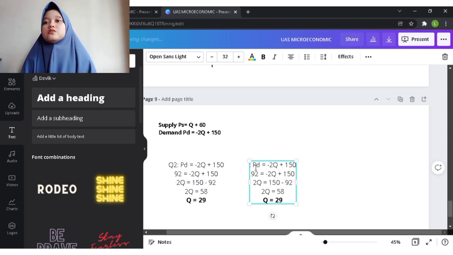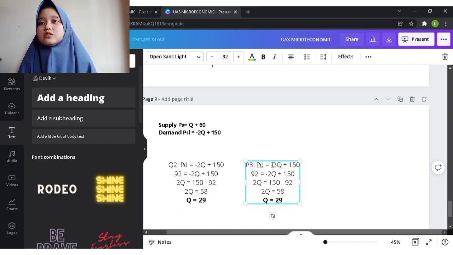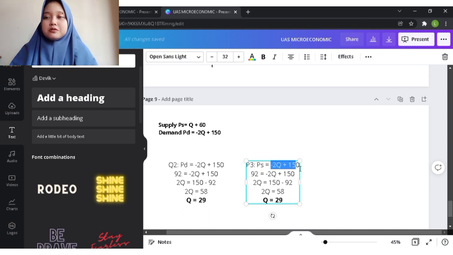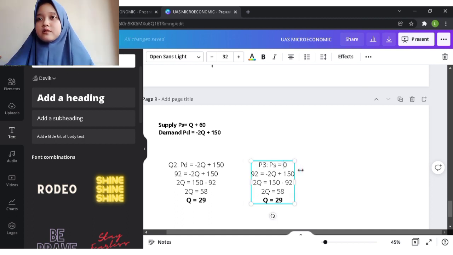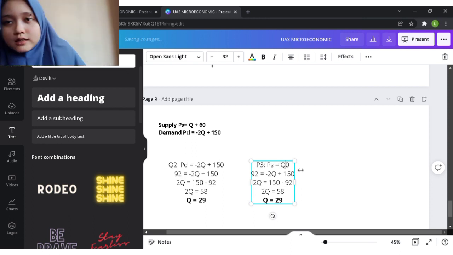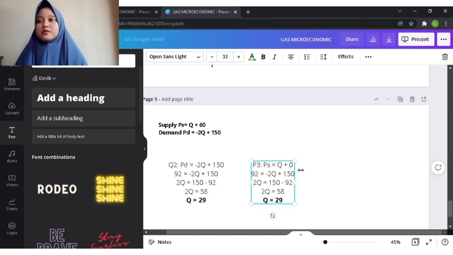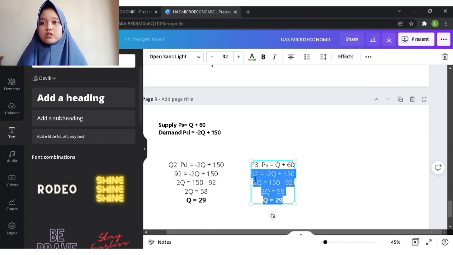We change it to P3. So for P3 we use the equation of PS.